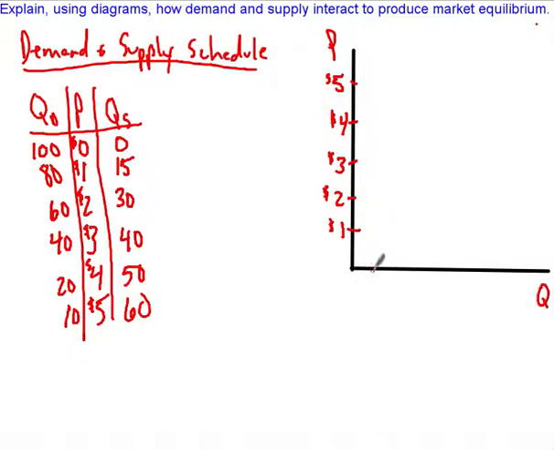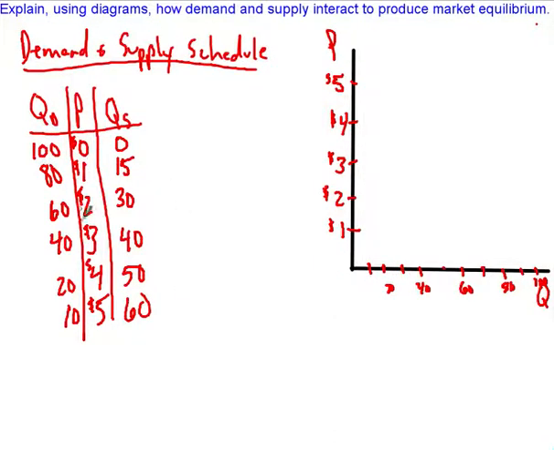And then we have up to 100, so 1, 2, 3, 4, 5, 6, 7, 8, 9, and 10. So that's 100, 80, 60, 40, and 20. Okay, so now we just want to plot these out.